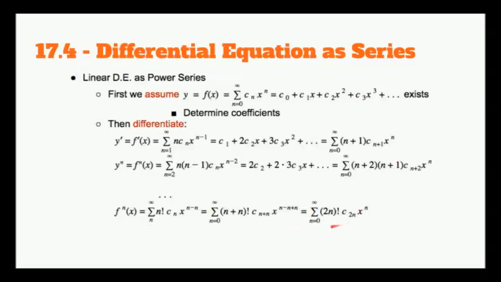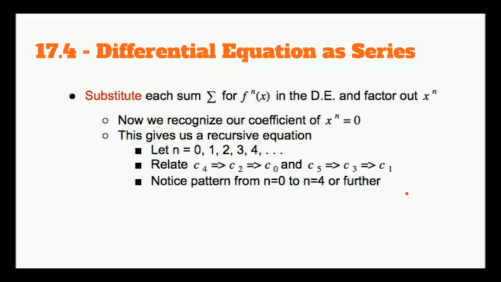We have this here, the sum of (2n) factorial c(2n) x to the power of n. Then we substitute each sum of f of x and its derivatives into the differential equation and factor out x to the power of n.